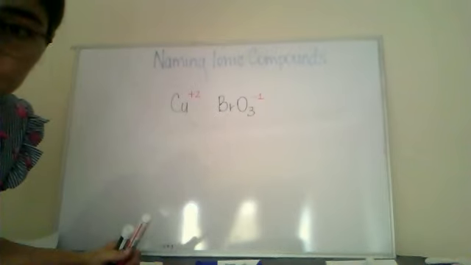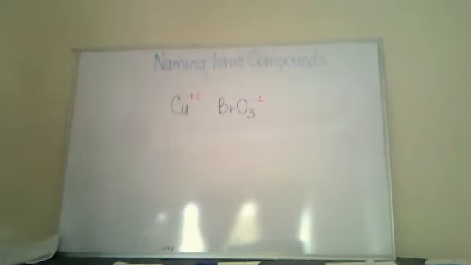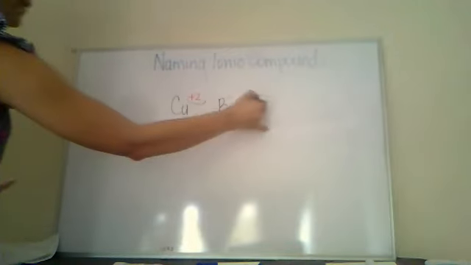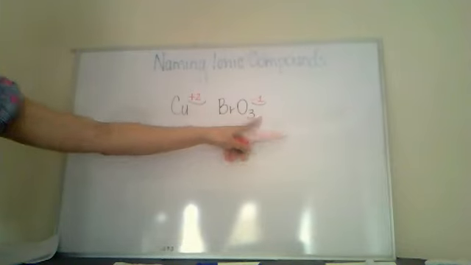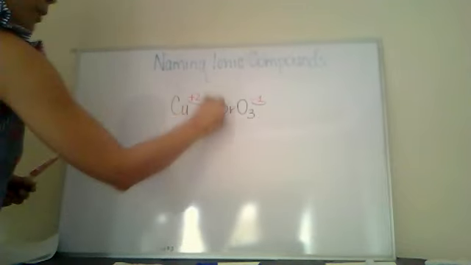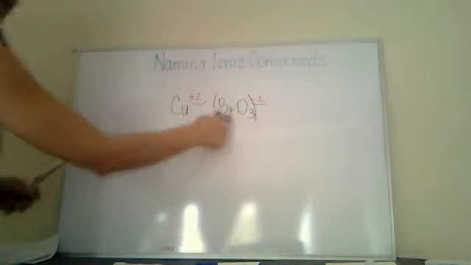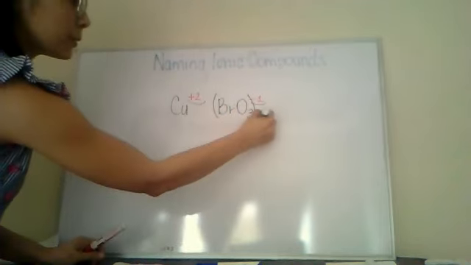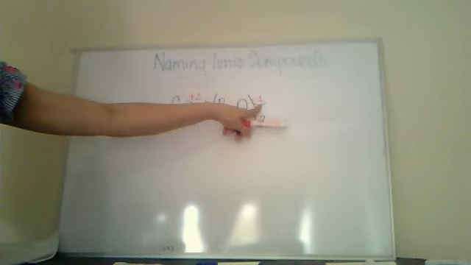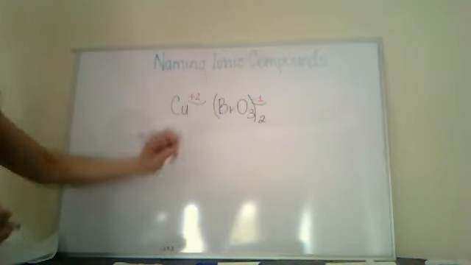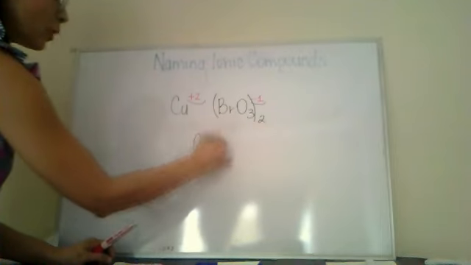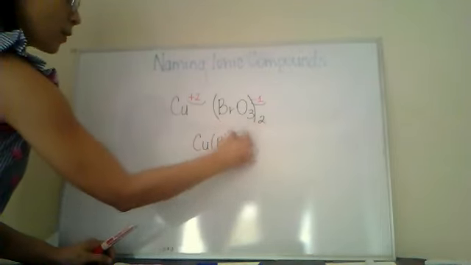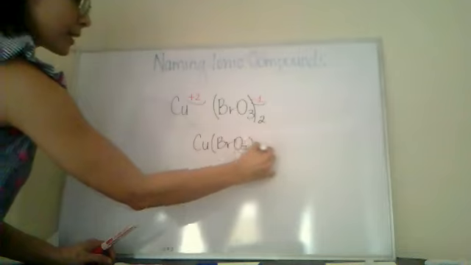How is this compound going to look at the end? If we have a 2 here, we have a 1 here, we need to make this 1 a 2. So I put parentheses, I close my bromate, and then I put this 2 times 1, -2. So my chemical compound looks like copper, open parenthesis, bromate, close parenthesis, and a 2.